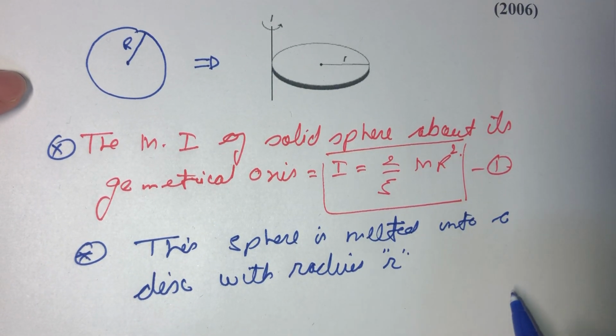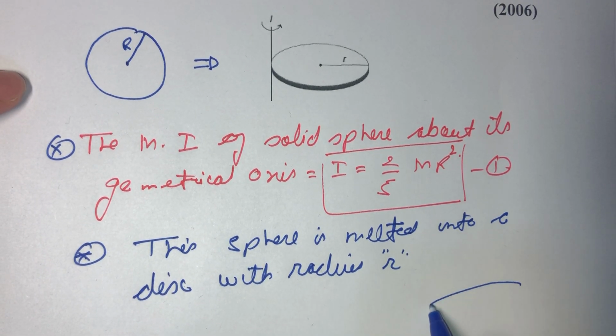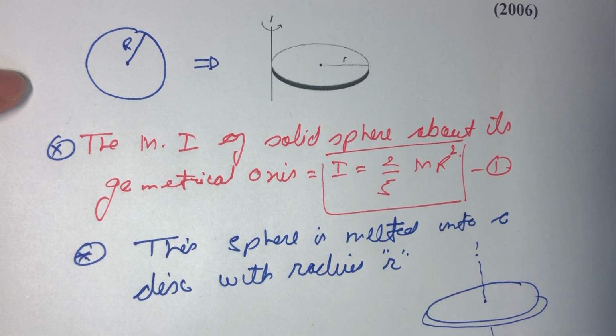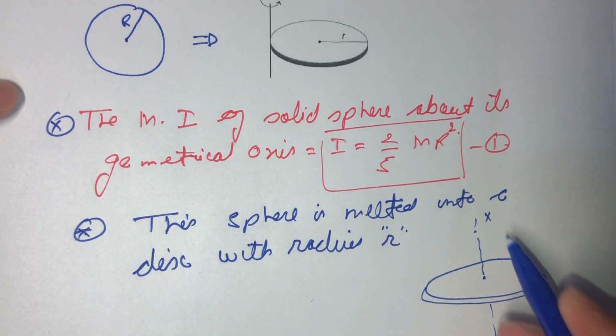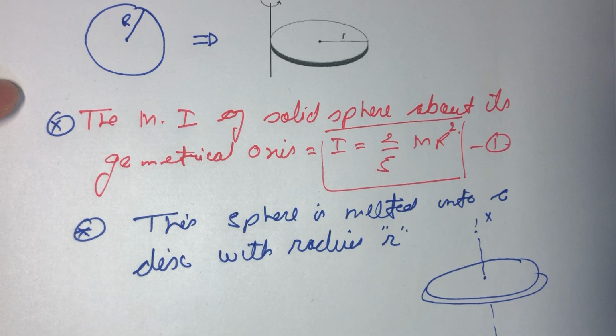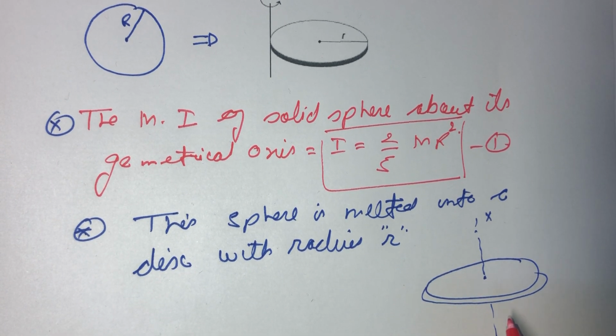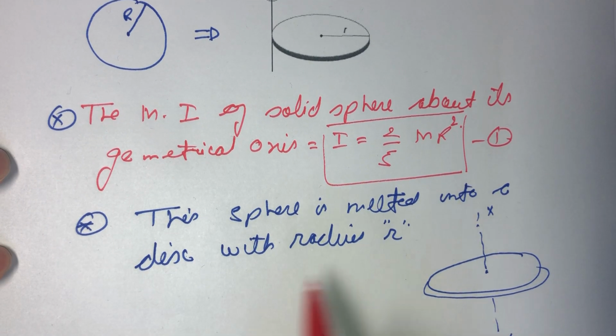Then suppose this is a disk and we have an axis which passes through its center. Let us suppose that is given as x and x prime. So moment of inertia for this disk along the axis which passes through the center and is perpendicular to this plane.